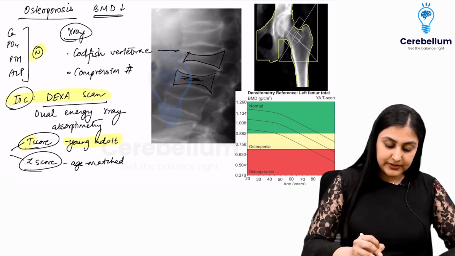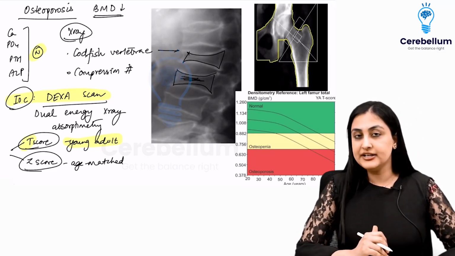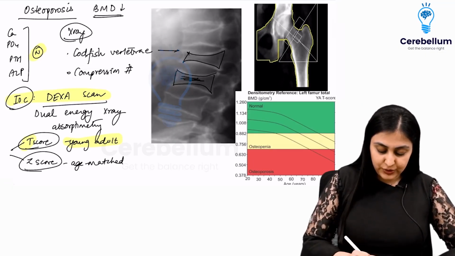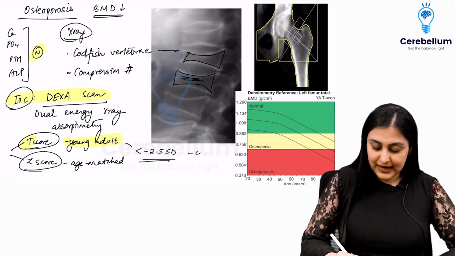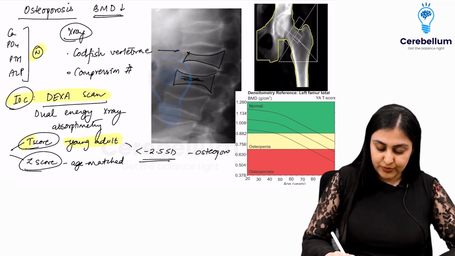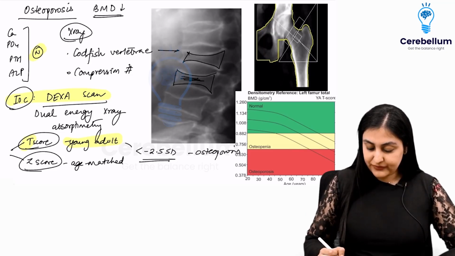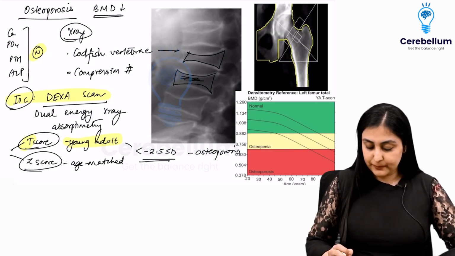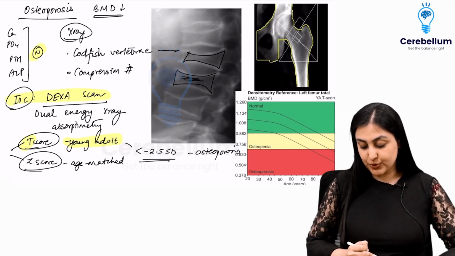Okay, herein what we do is after the comparison we give a standard deviation score. If this score is less than minus 2.5 standard deviation, that is the definition of osteoporosis. Here you can see how we have compared the density in normal, osteopenic and osteoporotic patients.